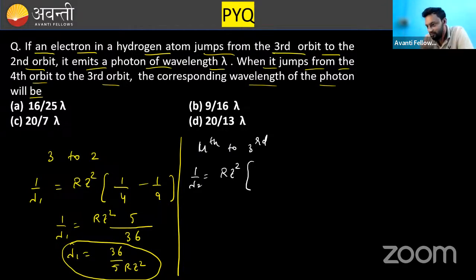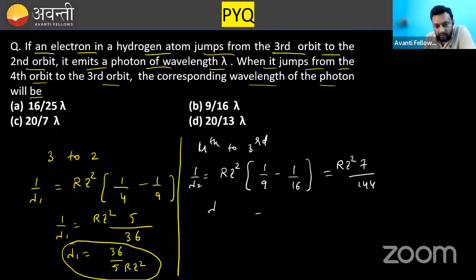You are doing a great job here. So what was that? 1 by 9 minus 1 by 16. That will be 7 by 144 RZ square. I am just taking the LCM. So lambda 2 will be 144 by 7 RZ square.